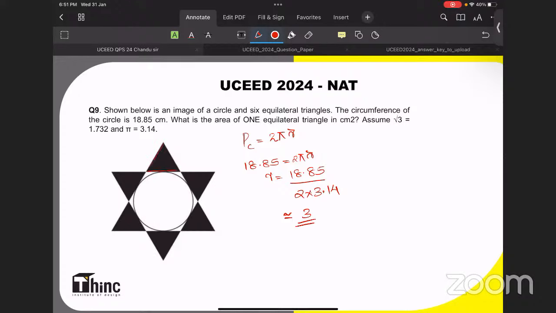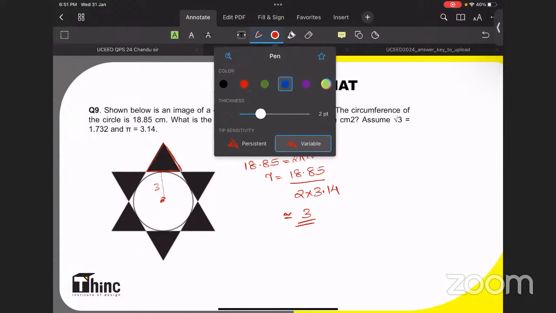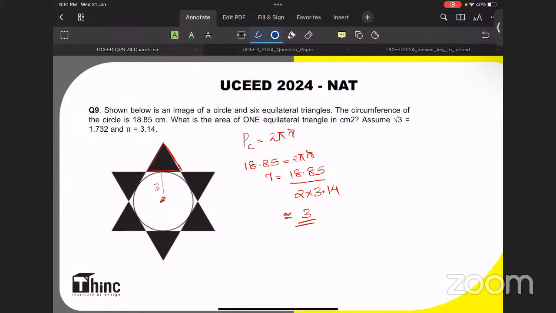This is an equilateral triangle. We only need to find the area of this equilateral triangle. Assume this is the center of the circle. This length will be 3.